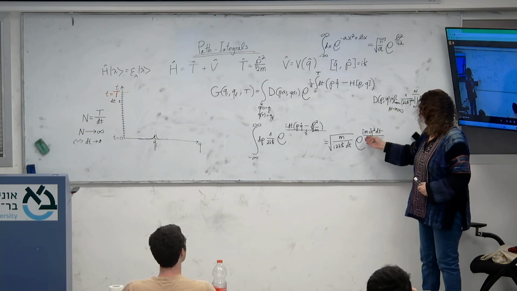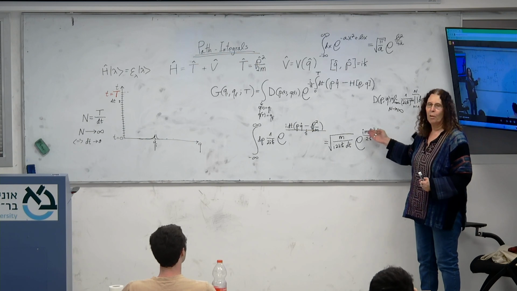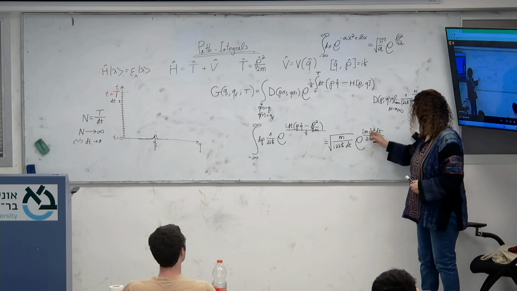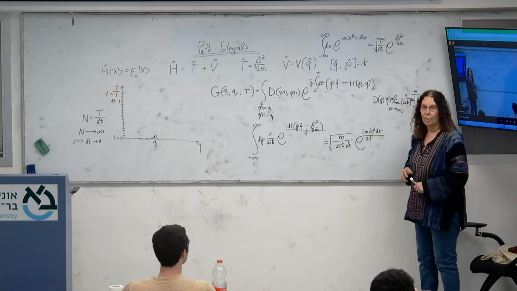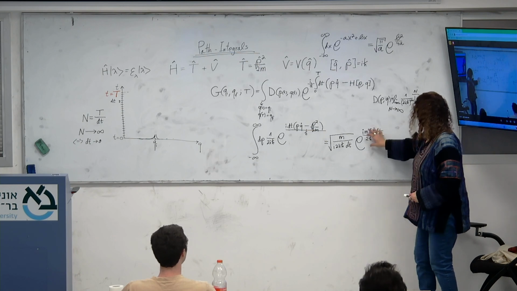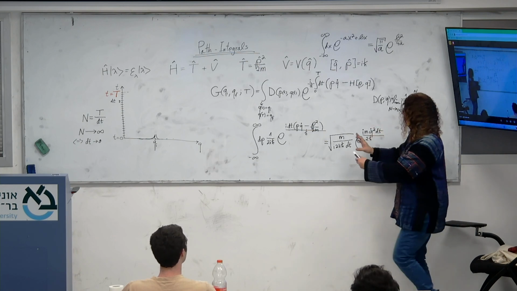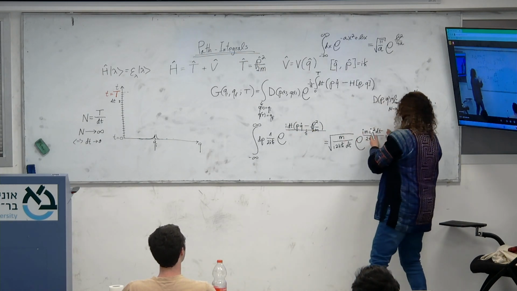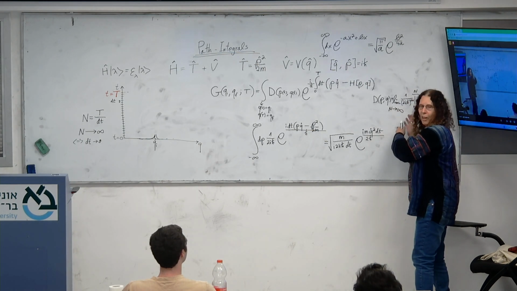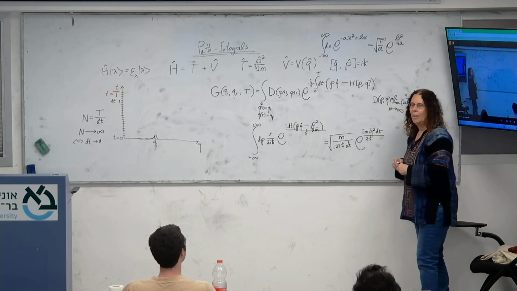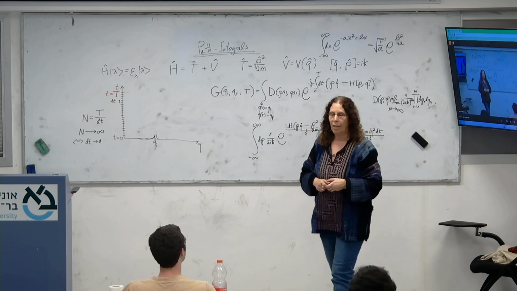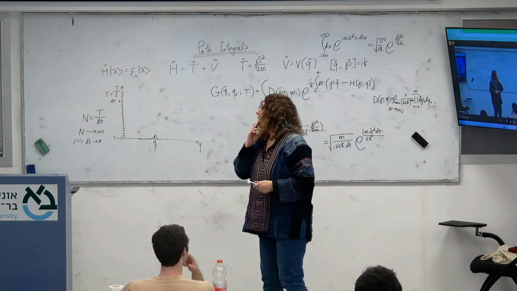The kinetic energy. It's nothing but the kinetic energy, but written as a function of the velocity q dot, right? Times dt over h bar, and of course this exists together with e to the minus i v dt over h bar.